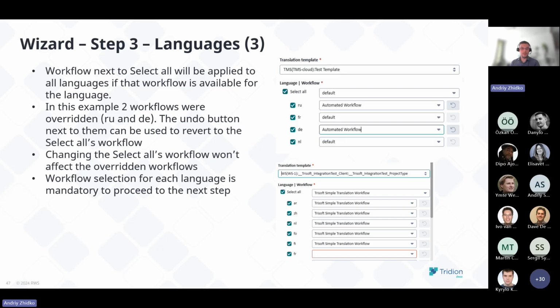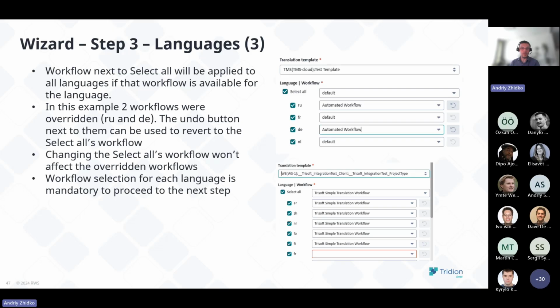You can have a flat list of languages if you didn't specify a language group. So by default it will show you a flat list of languages, and it doesn't matter if you have a flat list or you did specify language groups. You by default always will have on top a possibility to specify the workflow for all languages.